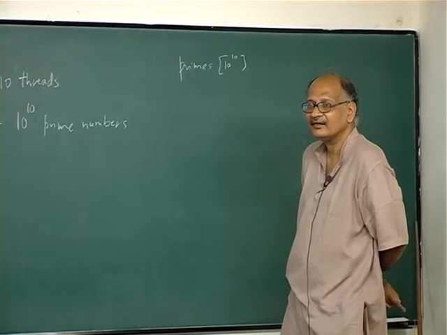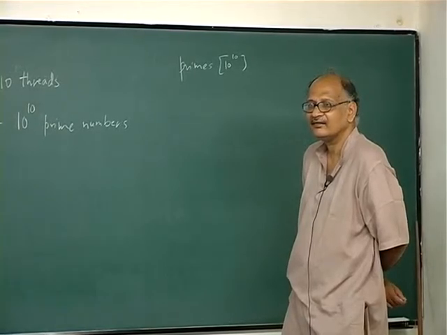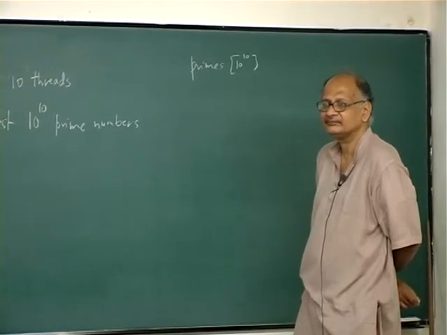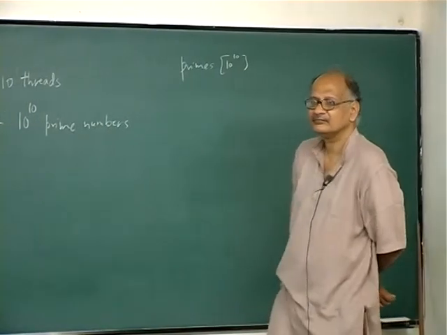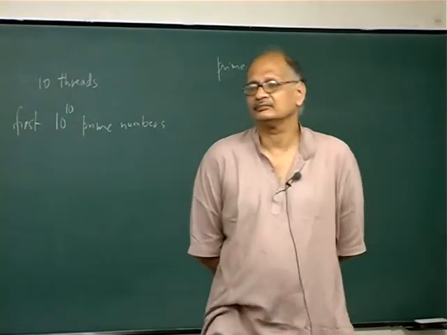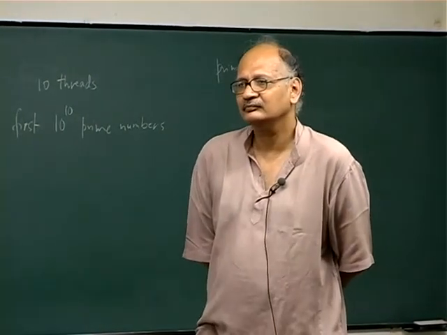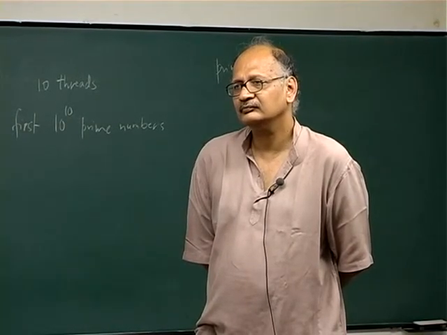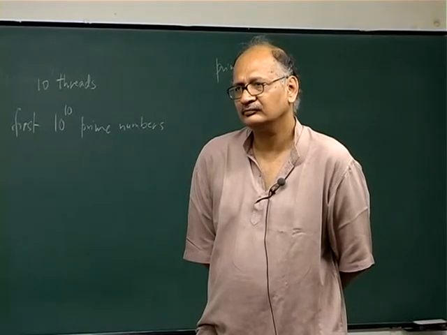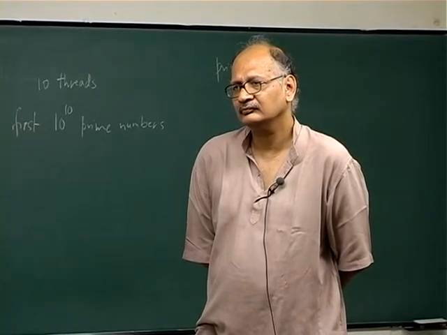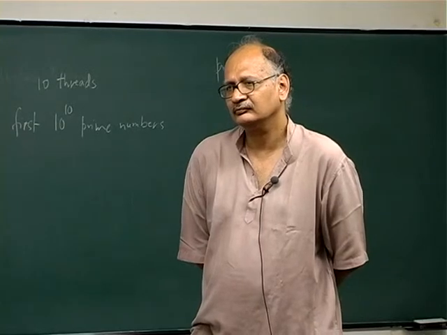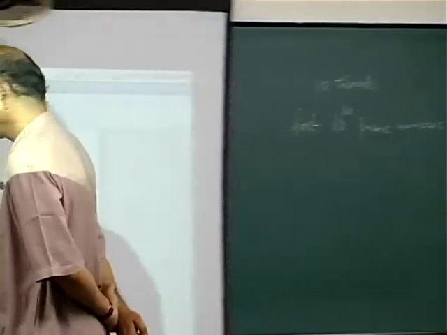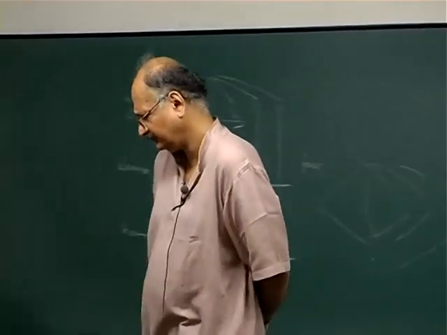Suppose there are 10 processes, labeled 1 to 10. Each process is going to test primes like 10i. In the ith iteration, after reaching the ith barrier, they are going to test primes of the form 10i plus the id of the process. Maybe something like that.